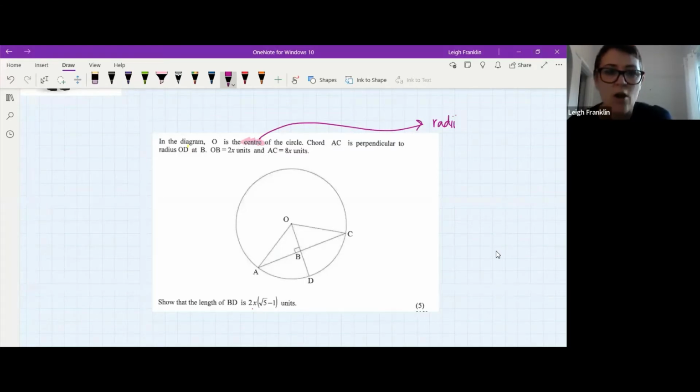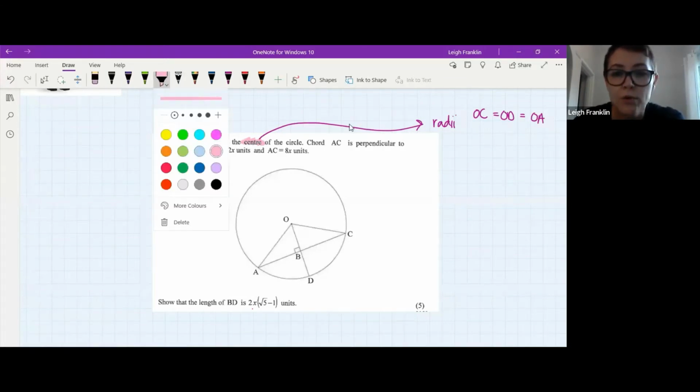How many radii are there? Yes, there are 3. Yeah, quite right. There are 3. So in this case, we can see that OC is the same as OD is the same as OA. Right?